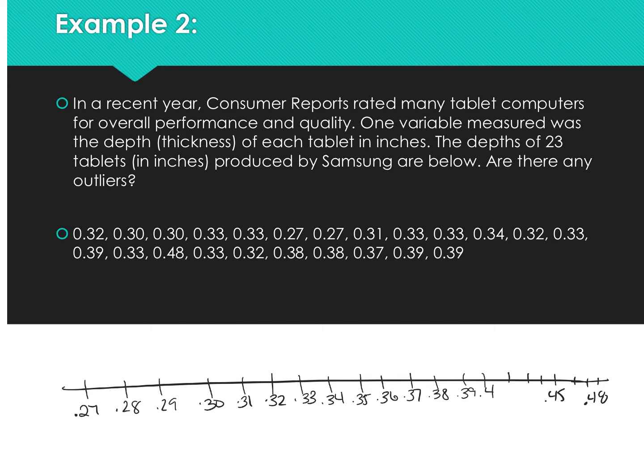Okay, so one of the ways you could organize your data is by making a quick dot plot, right? My numbers go from 0.27 to 0.48.